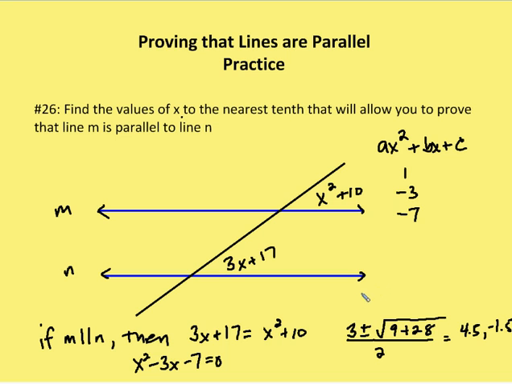So here we have minus negative 3, or 3, plus or minus the square root of b squared, or 3 squared, 9, plus 4 times 1 times 7. So that's 9 plus 28, the square root of 37, over 2a, which is 2.